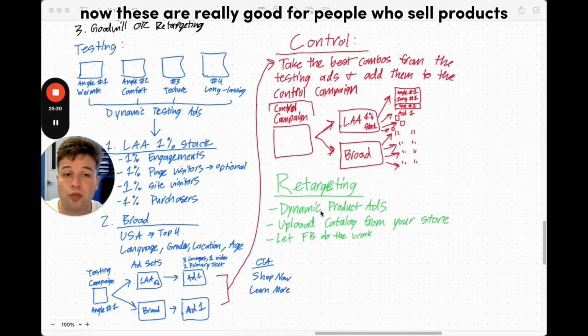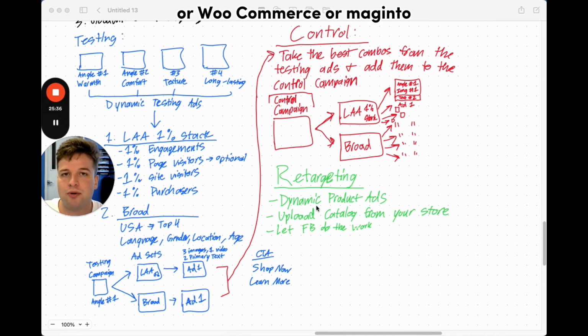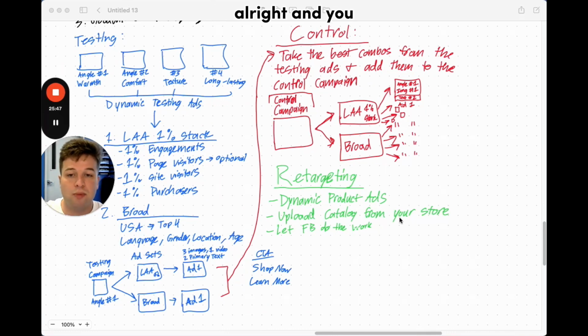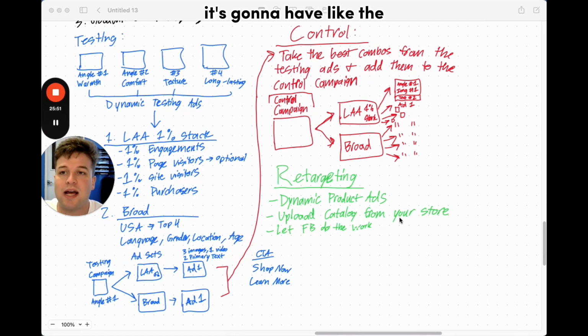Now, these are really good for people who sell physical products on Shopify or BigCommerce or WooCommerce or Magento or something like that. So if you sell anything on there, this is going to crush for you. And dynamic product ads are essentially where you upload your catalog from your store, all right? And you upload every single product that you have to Facebook, and on that catalog, it's going to have the tag of the URL.